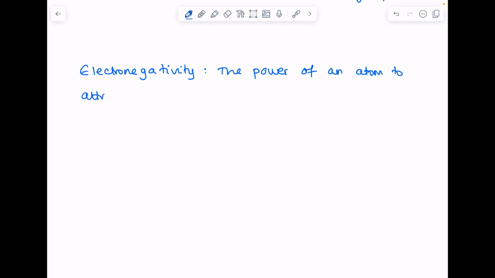So let's start by reminding ourselves what the term electronegativity means, because otherwise we won't understand why electronegativity decreases down the group. So in case you're asked to define this, electronegativity is the power of an atom to attract a pair of electrons towards itself in a covalent bond.